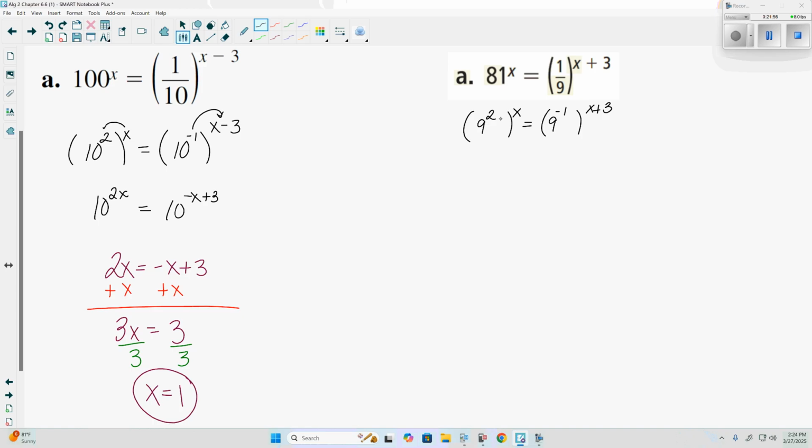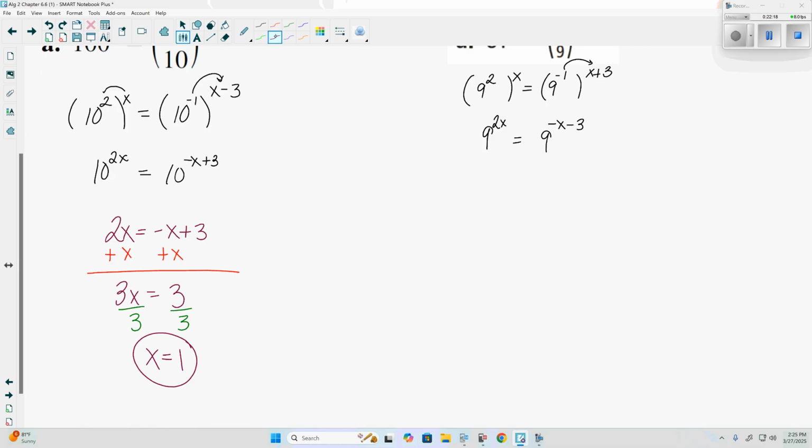Powers of powers, multiplying. So 9 squared to the x would be 9 to the 2x. 9 to the negative 1 to the x plus 3. We can distribute the negative 1, giving us negative x minus 3.